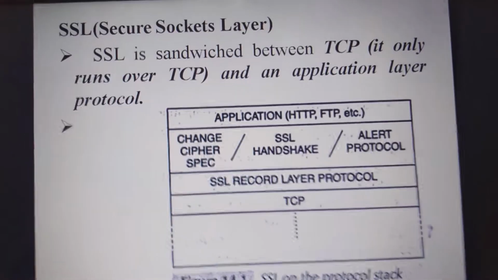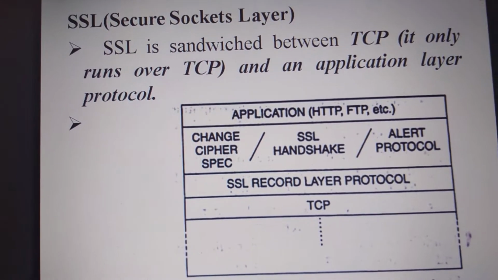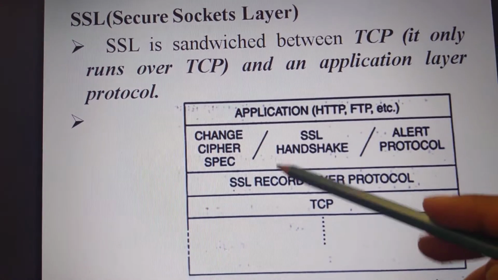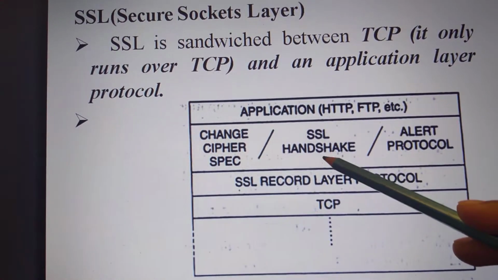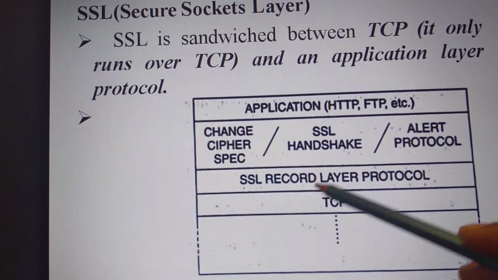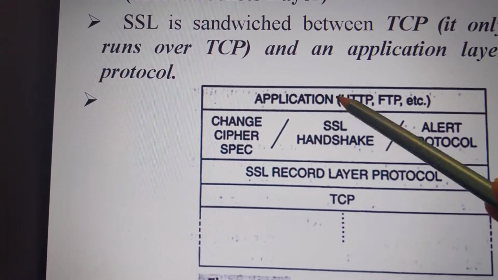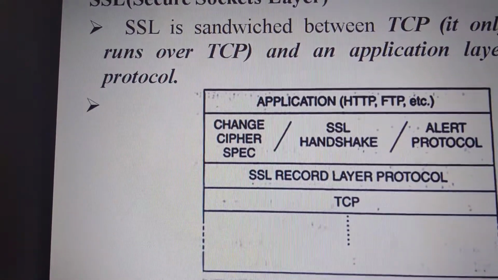Next, what do we mean by the SSL security layer? SSL is actually sandwiched between TCP and the application layer. Here SSL consists of two parts, the SSL handshake and the SSL record layer protocol. So this SSL protocol will be sandwiched between your application layer and the TCP layer.